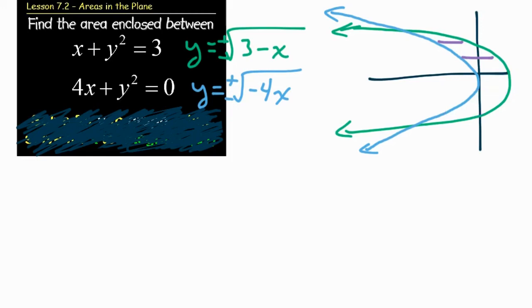Now, sometimes students say, what do you mean so you don't have to subdivide? Well, if I tried to draw vertical strips, I can do that. Notice here that the upper curve is the green curve and the lower curve is the blue. But if I draw those vertical strips down here, now the upper curve is the blue curve. And so the upper and lower have switched. Not to mention, if I try to draw strips over here, the upper curve and the lower curve are the same curve.